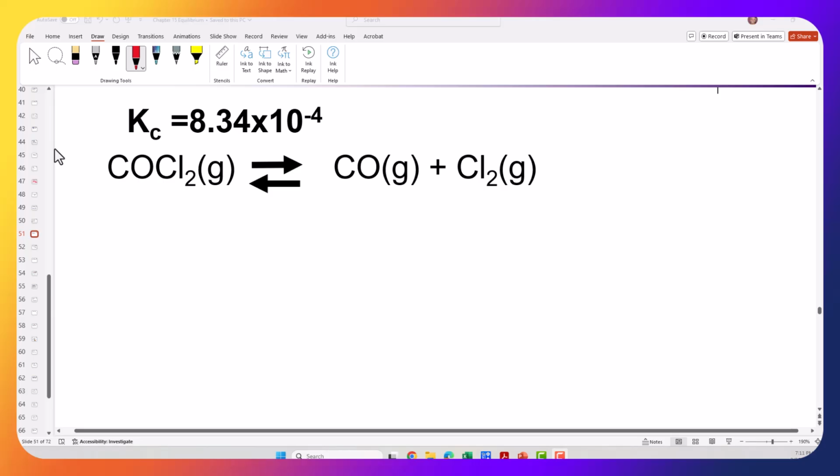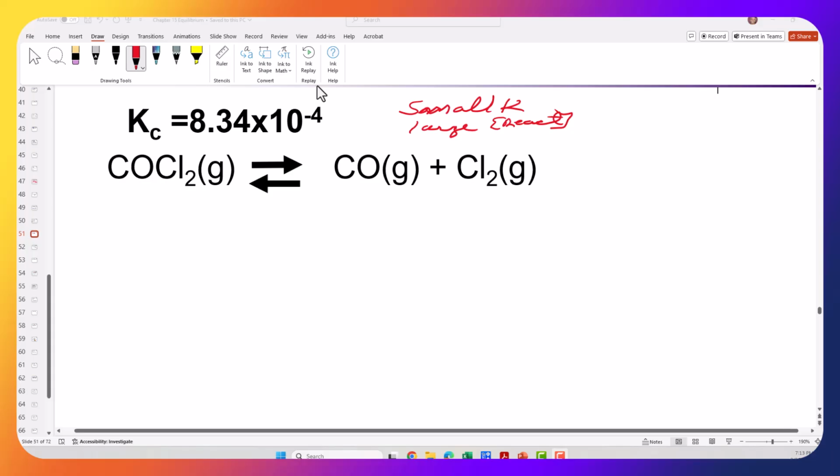So here's a case where you have a small k, a small equilibrium constant, and you have a large concentration of reactant. So let's go ahead and work this problem where we have a small equilibrium constant. This is 10 to the minus 4.